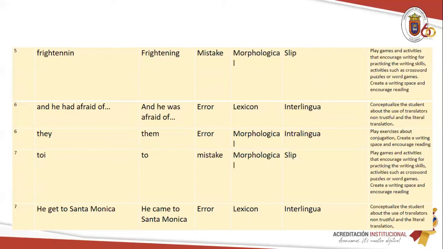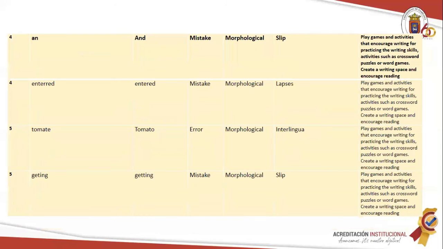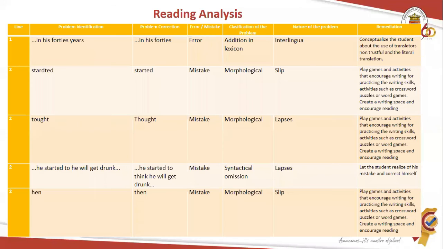Also, I have some mistakes that are not morphological. For example, in this one, as you can see, he said "he will get drunk."